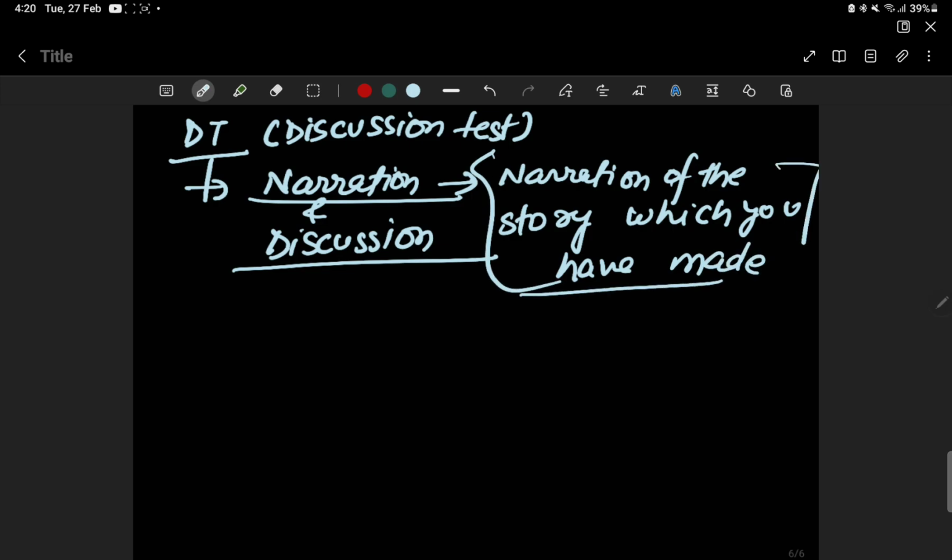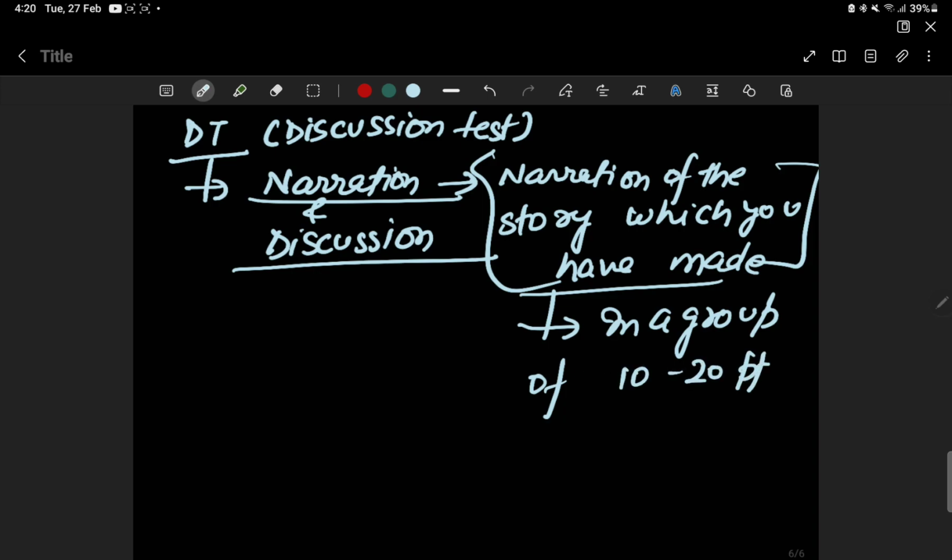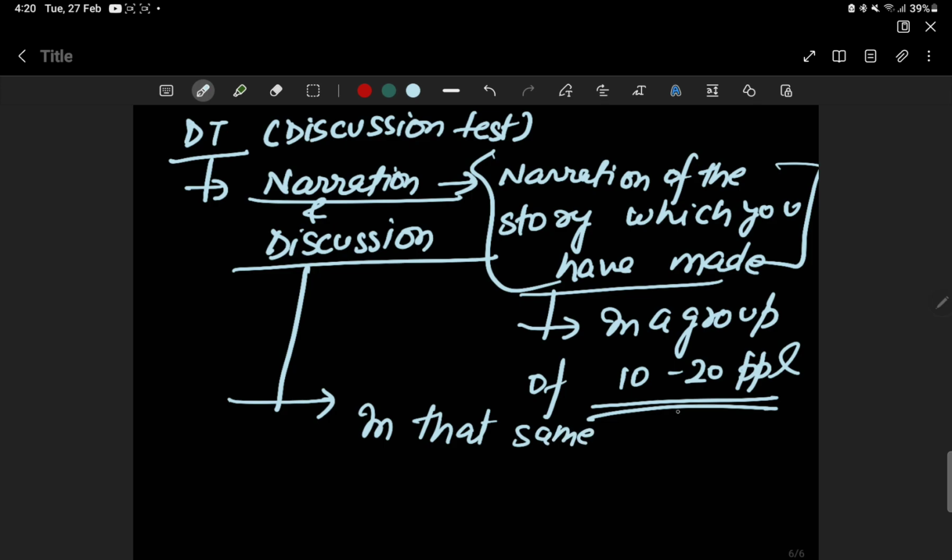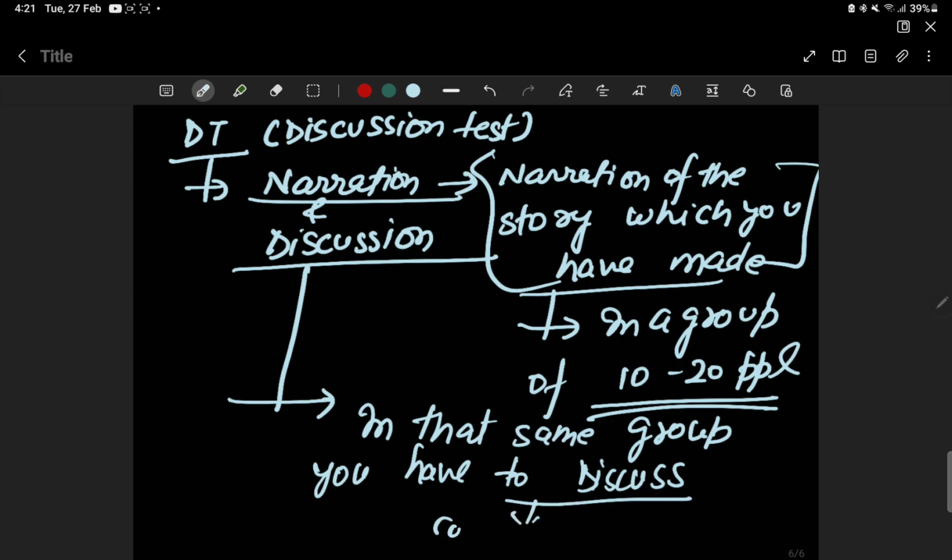This narration is done in a group of 10 to 20 people, and in that same group you have to discuss a common theme for a group story, and you have to make a group story.